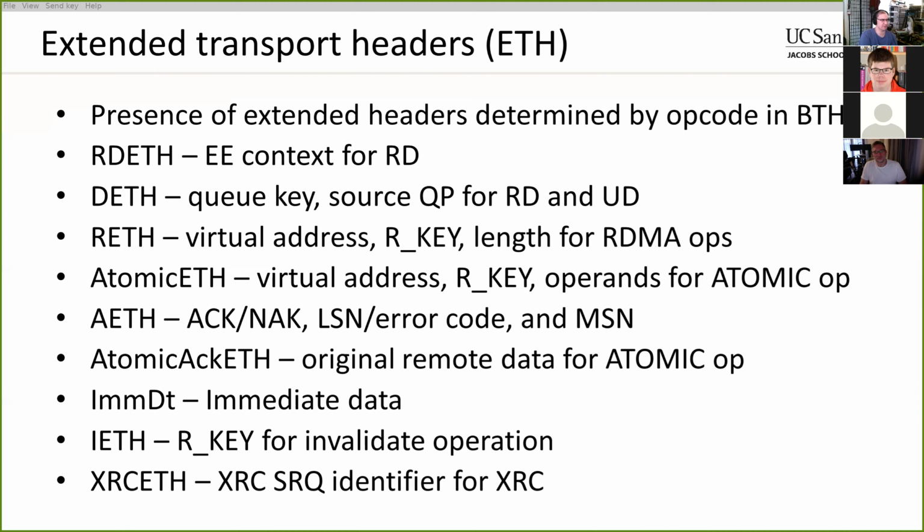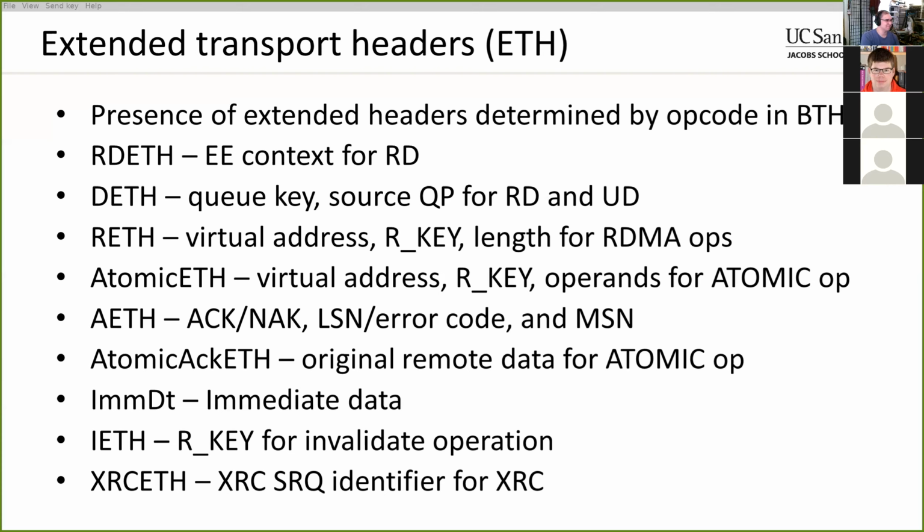And then there's also a transport header for the R key for invalidate operations, and there's another one for the XRC SRQ. When you're using XRC, you have to identify the destination SRQ number. So that's done with this additional extended transport header. So to be honest, this is not particularly complicated, but it is a little bit tedious.